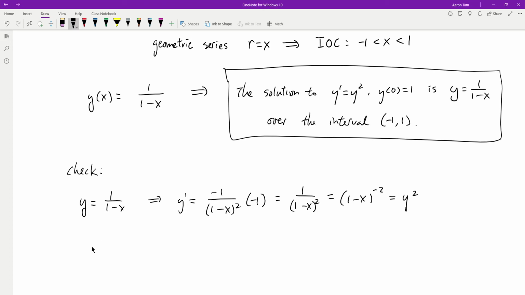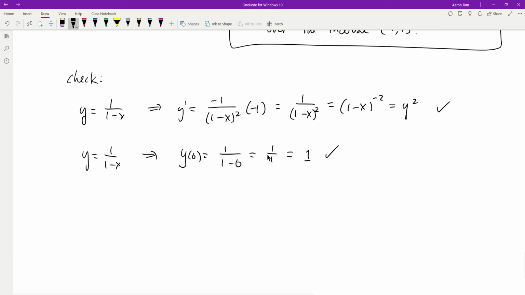And if y is equal to 1 over 1 minus x, then y of 0 would be 1 over 1 minus 0, which is 1 over 1, which is 1. So both of these check out the initial condition and also satisfy the differential equation. Now, obviously, if you have just a power series, you won't be able to check your answers. But if you do have a closed form, then do try to give it a check just to make sure that you got it right.